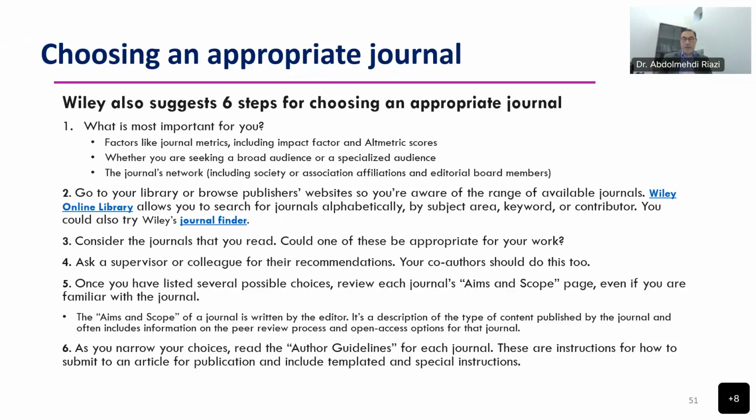And there is very, very useful information in those guidelines about the structure of the article that you need to submit, about the writing style preference, which writing style they prefer, and therefore you need to accommodate that. And also about the word limit for the abstract and for the whole article.